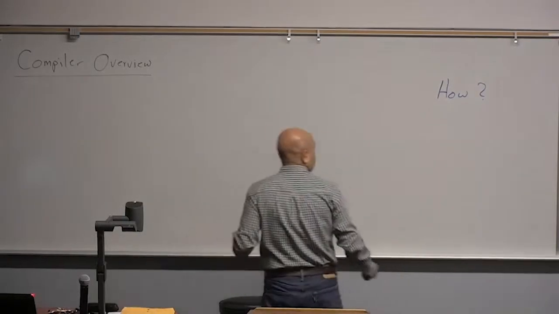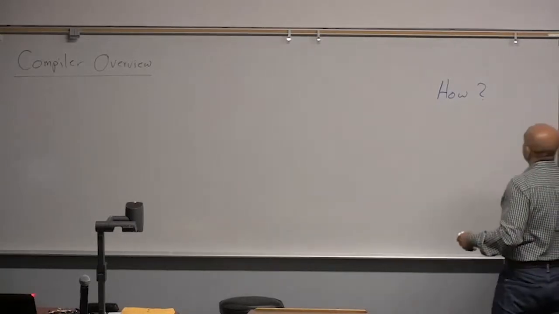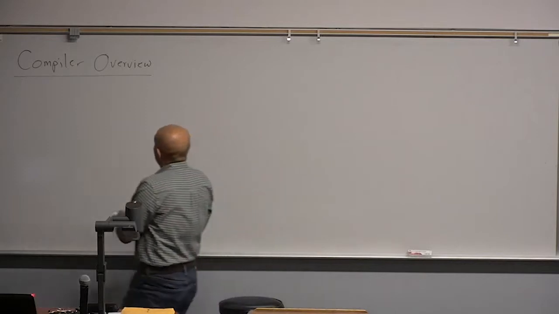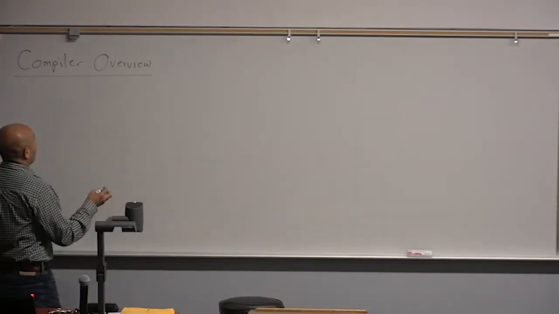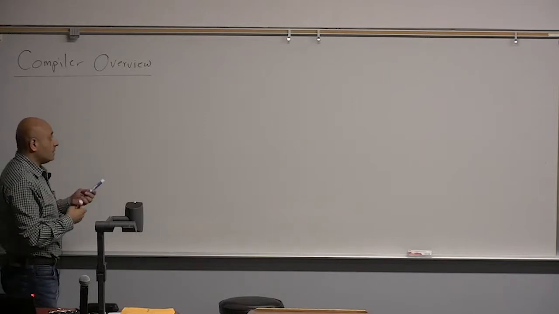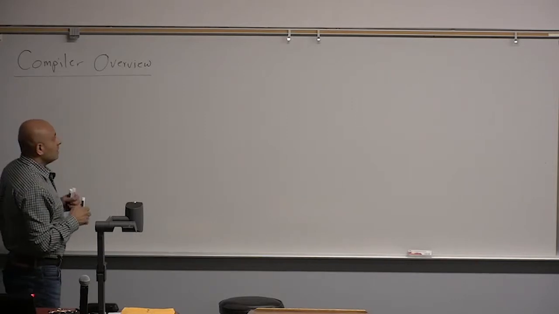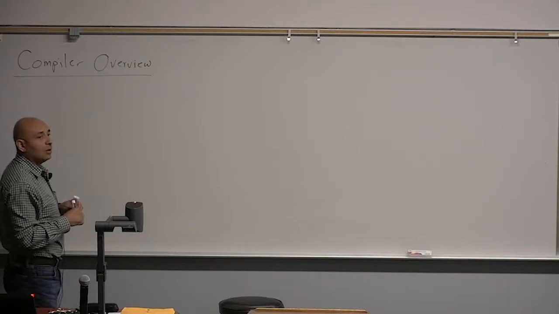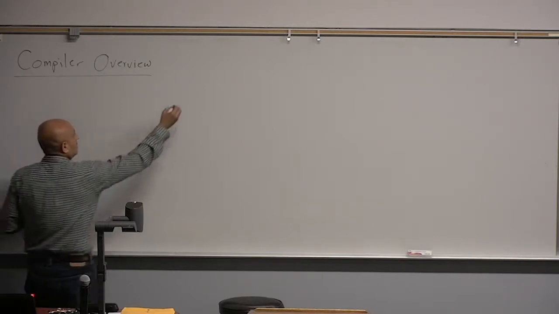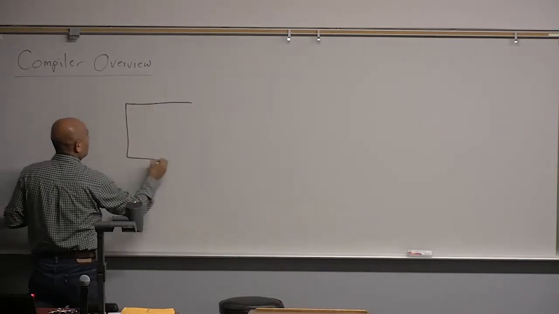So let's redraw the picture that we drew last time of an optimizing compiler. Last time we said that there are 3 main parts, or 3 main phases, of an optimizing compiler.